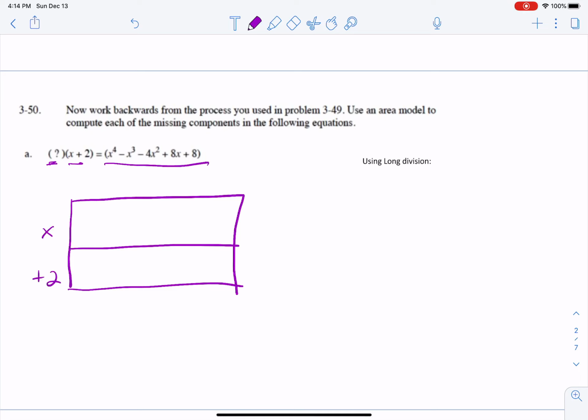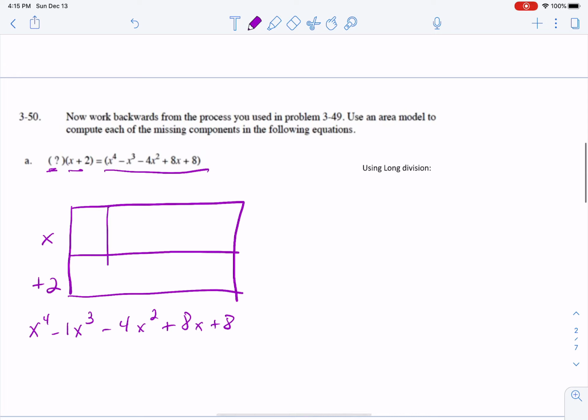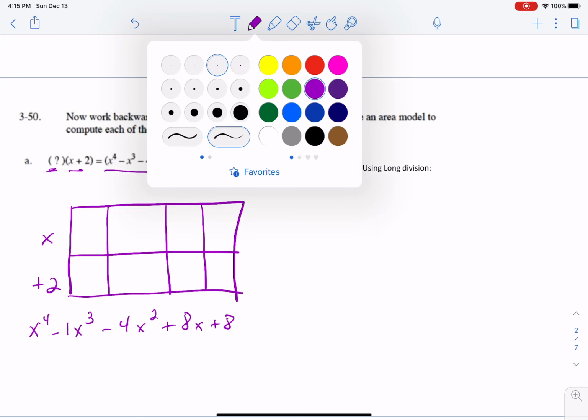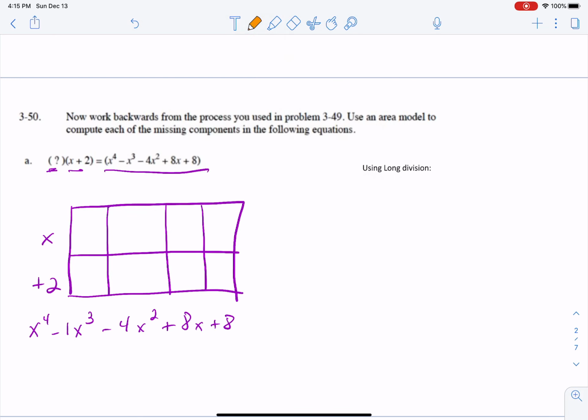So I have an x plus 2, and I know my resulting product is x to the fourth minus 1x cubed minus 4x squared plus 8x plus 8. So I need to now work backwards to fill in my area model.